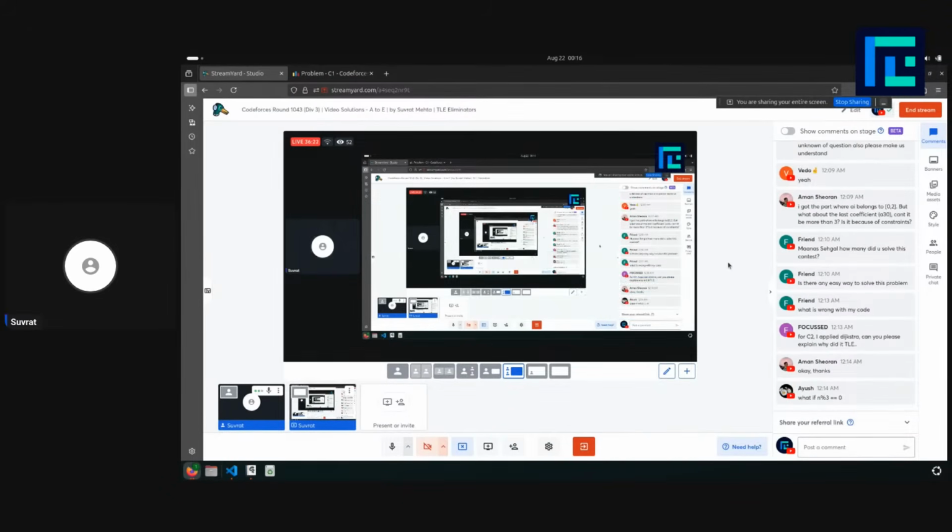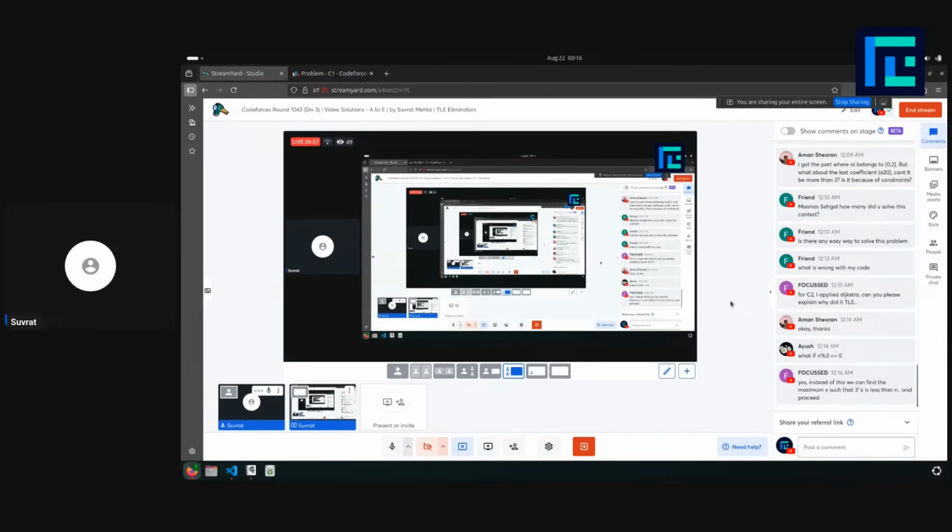Anyone has any doubts? Yes, instead of this, we can find the maximum x such that 3 to the power x is less than n and then proceed.